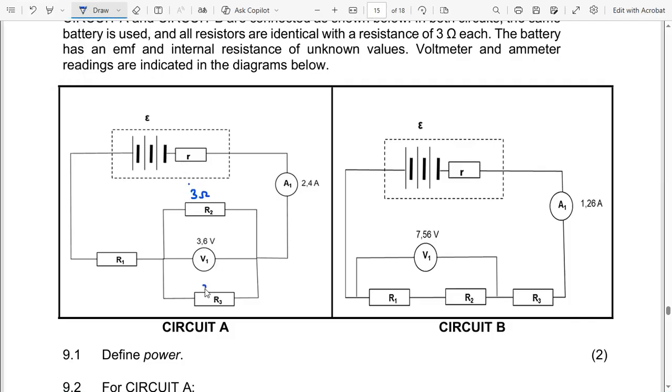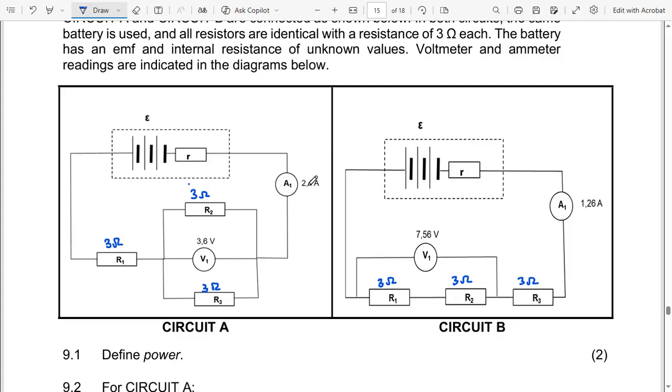So this one is also 3, this is 3, this is 3. They said the battery has an EMF and an internal resistance of an unknown value. The voltmeter and the ammeter readings are indicated.